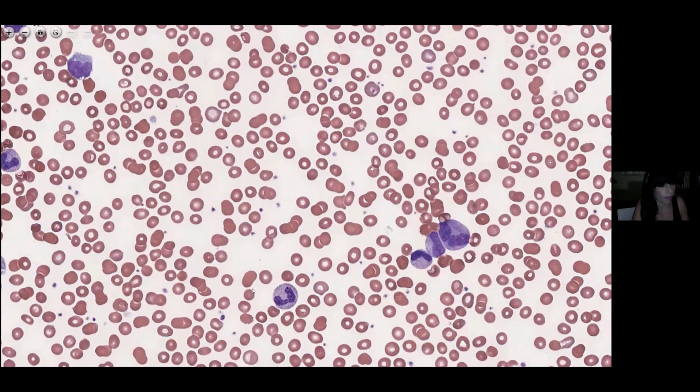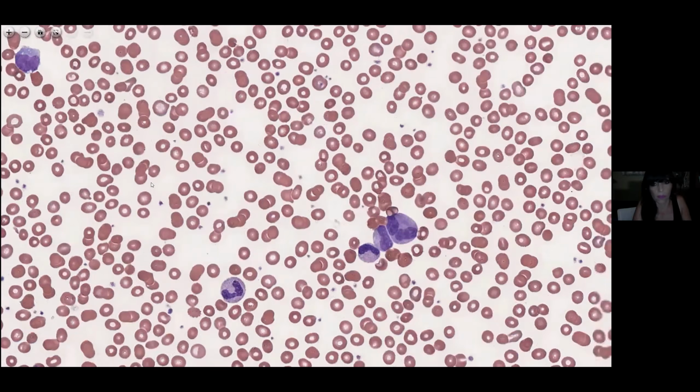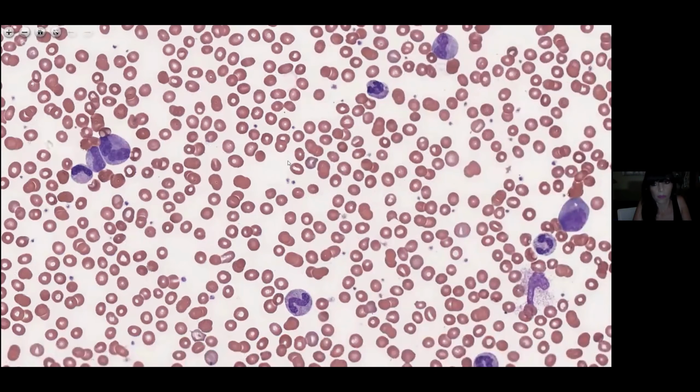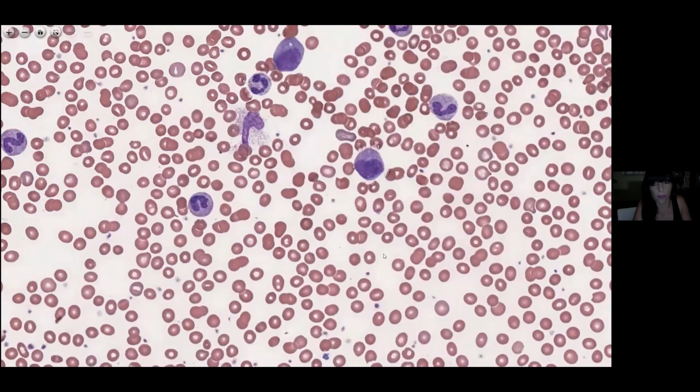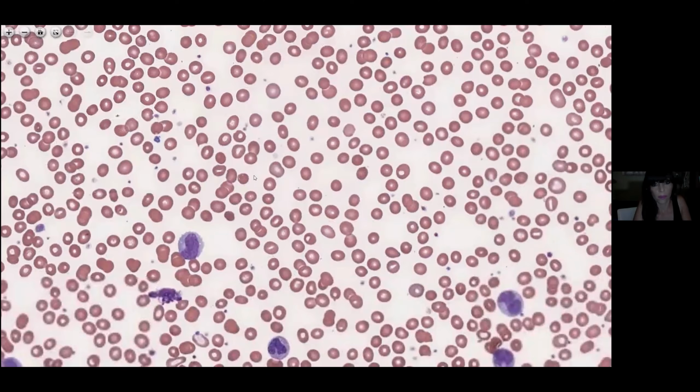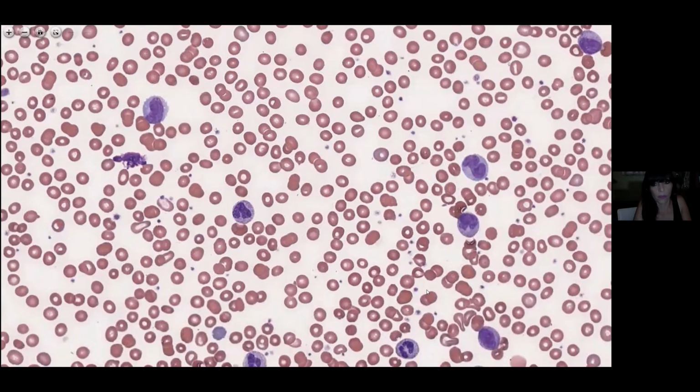So it could be due to their underlying malignancy. It could be due to, as you've already mentioned, growth factors, things such as GCSF. And if you've got that information with the morphological features, then you're pretty much home and dry, I think. And you very much avoid all the unnecessary investigations and panic that follows afterwards if you have that information.